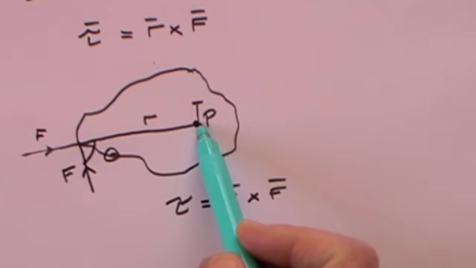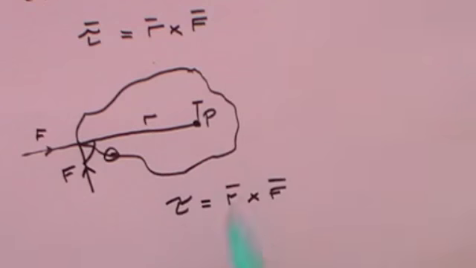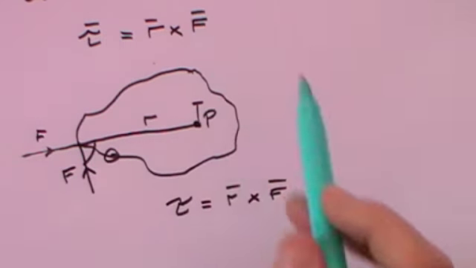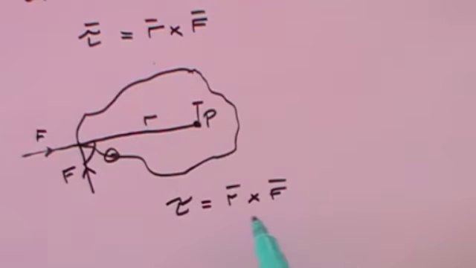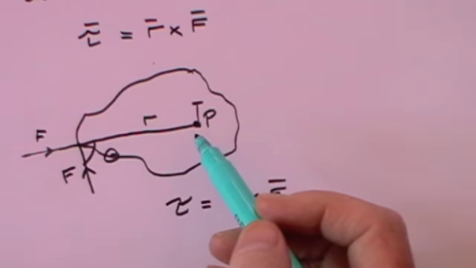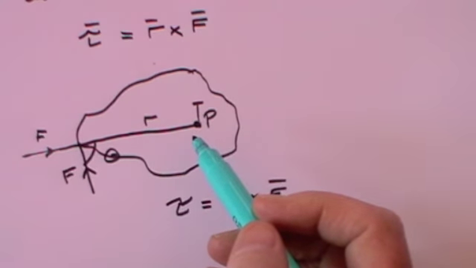It won't turn. So you get no torque. Finally, it's worth noticing that, in this case, you're pushing it in a clockwise direction. That means tau will be going into the paper. So in effect, tau, the torque, is along the axis of rotation.